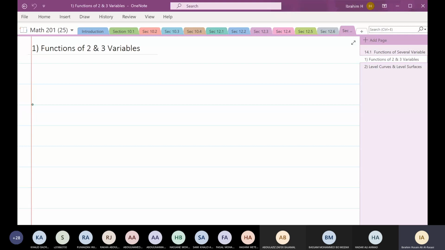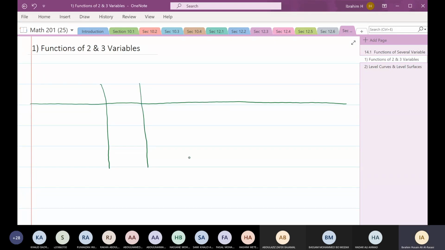Let me write this, just a simple table here. Again, you start with the orientation. y equals f of x, a function of 1 variable.